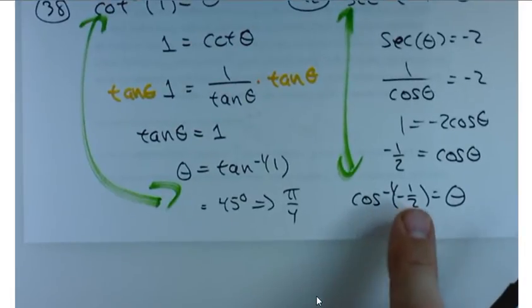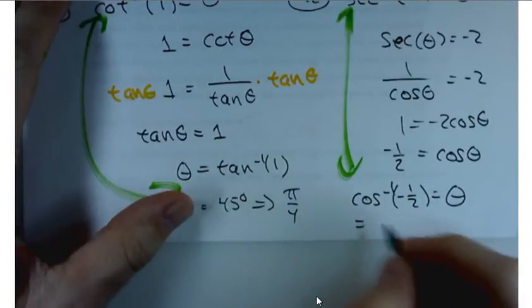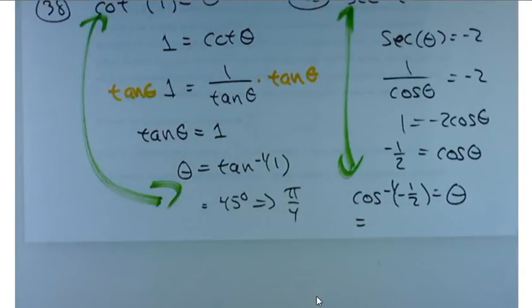So inverse cosine of -1/2. Let's see, 2 pi over 3. It'd be 120 degrees, and I think that'd be 2 pi over 3. Let's do it off our calculator first.